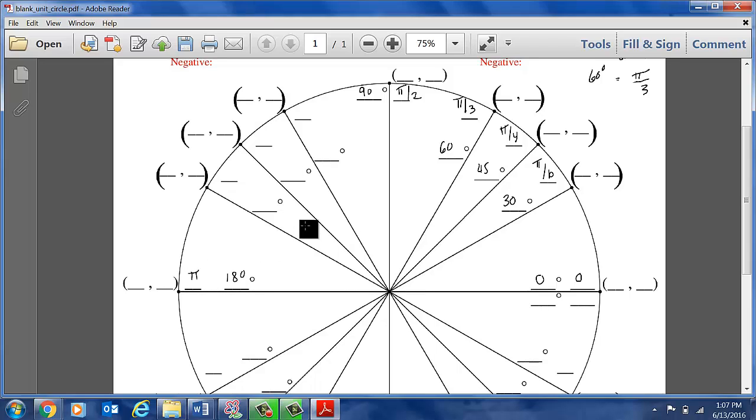All right, so the easiest way to look at this is basically to take into account what we call the reference angle. The reference angle is always made with the x-axis. So if I look at this as my next angle, I'm going to identify the reference angle is right here.